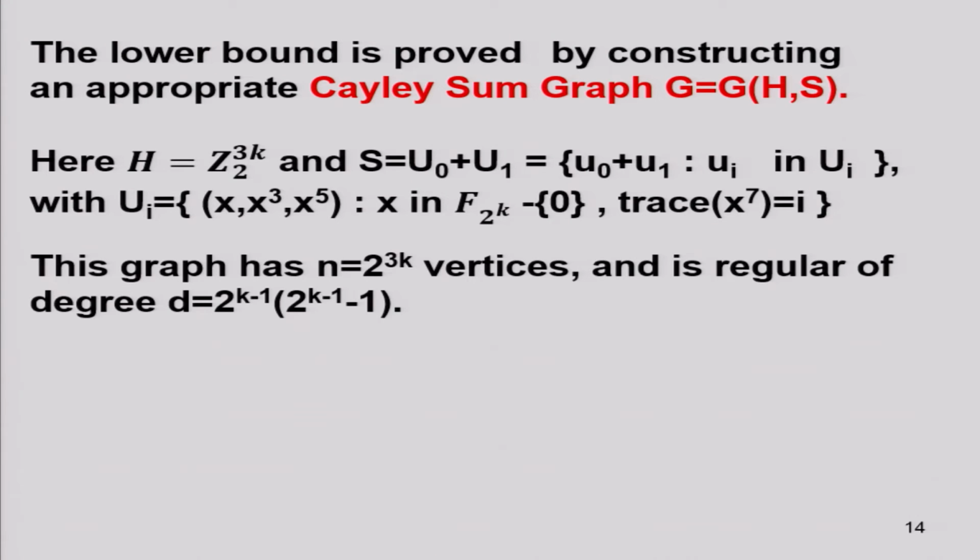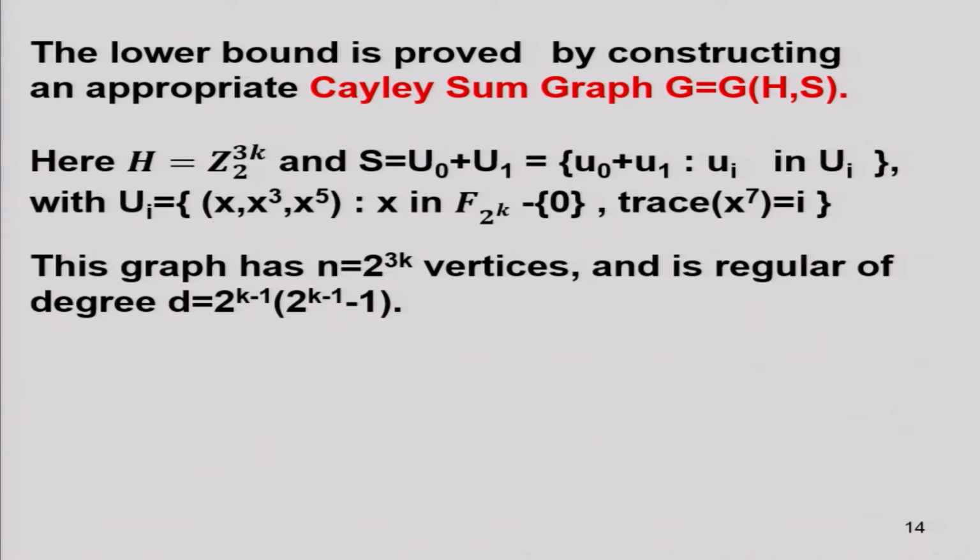And so you see this graph has the number of vertices, which we denote by n, which is the number of elements of the group. So it's just the number of binary vectors of length 3k. So it's 2 to the 3k. It is regular of degree equal to the cardinality of this set S. And the cardinality of S is the product of U0 with U1. And one of them is of size 2 to the k minus 1, and the other is of size 2 to the k minus 1, because we threw out the 0 vector.